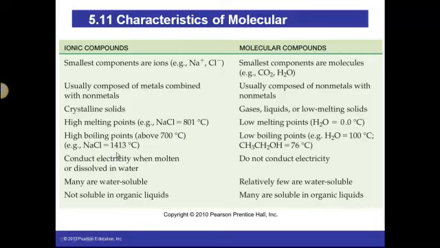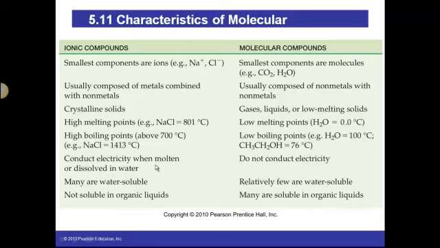So the boiling point for sodium chloride is up at 1413 degrees Celsius. That's a huge boiling point. You have to get this compound very, very hot before it goes into the gaseous state from the liquid. Versus water, whose boiling point's at 100 degrees Celsius, and longer hydrocarbon compounds that even have lower boiling points.